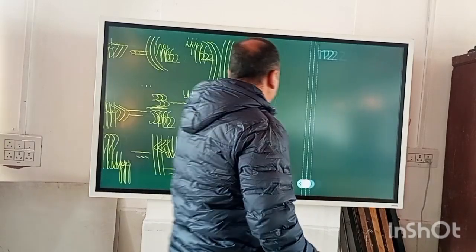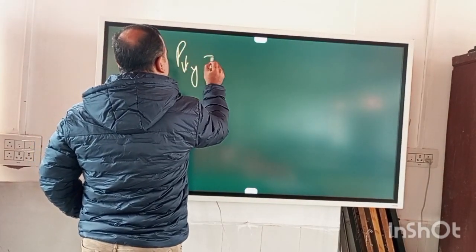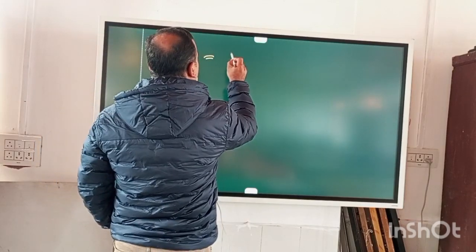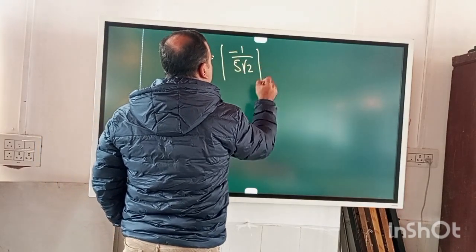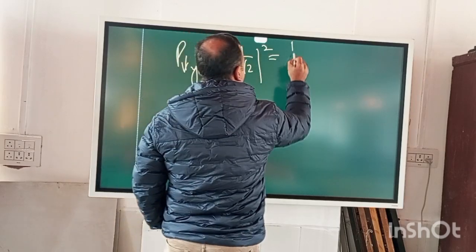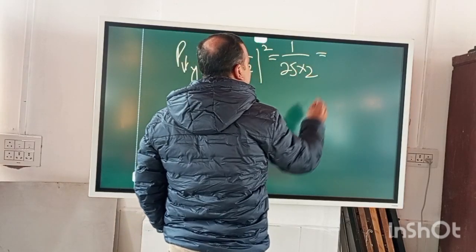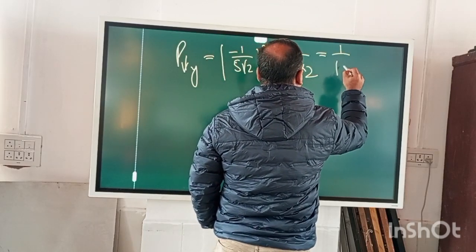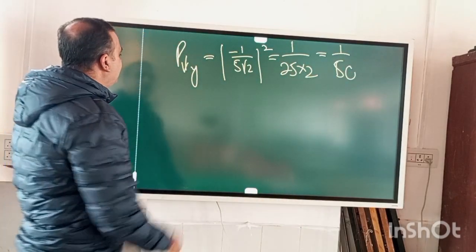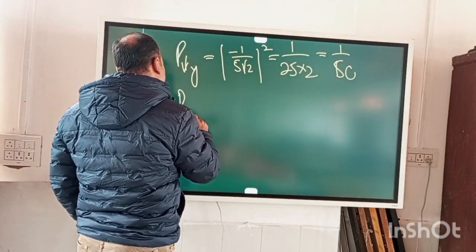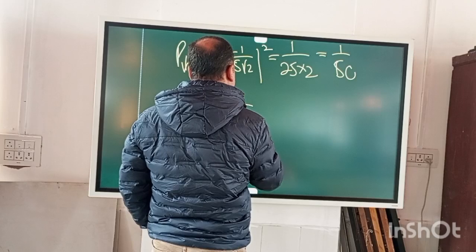So the probability of getting spin down along y will be minus 1 by 5 root 2 whole square. So this is 1 by 25 times 2, so this is 1 by 50. So the probability of getting spin down along y in this case will be 1 by 50.